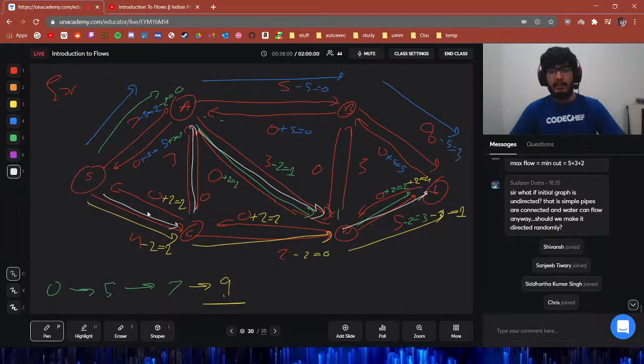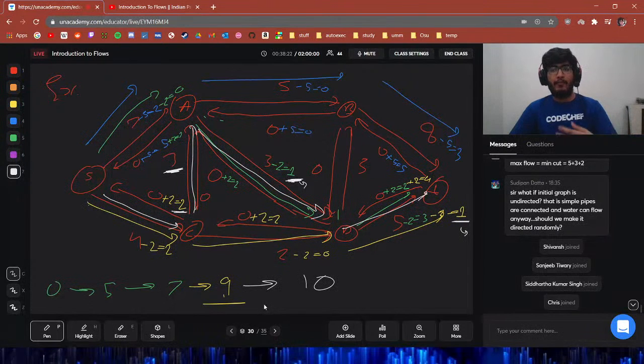You can see that all the edges that we are selecting have positive weights. This is positive weight 2, this is positive weight 3, this is positive weight 1, and this is positive weight 1. The minimum weight is going to be this one or this one, so we would subtract 1 and add one more flow, which is going to result in 10.